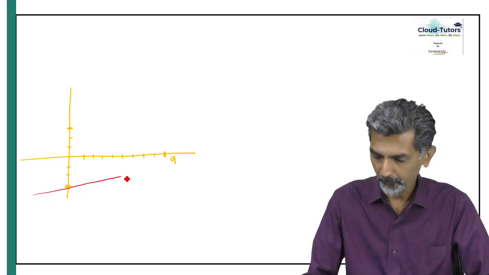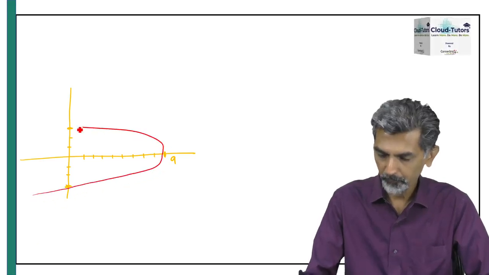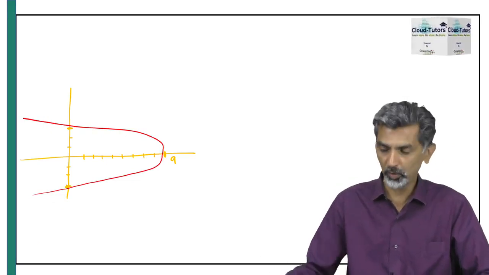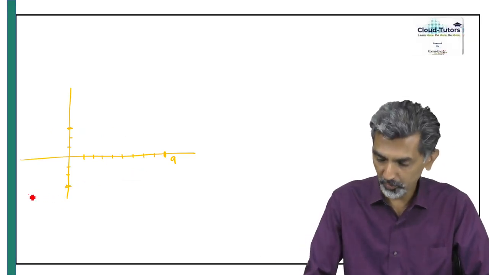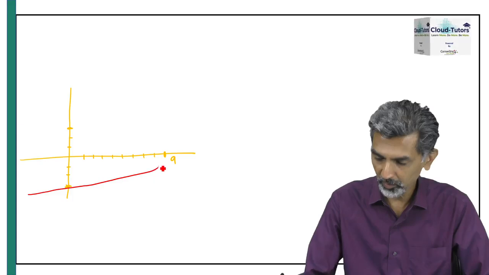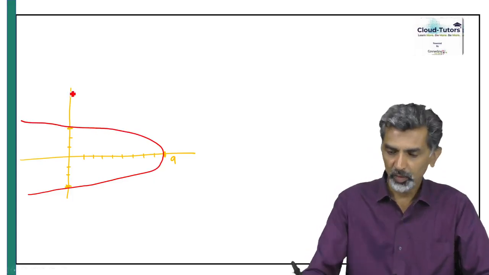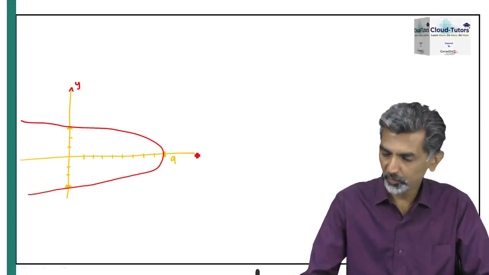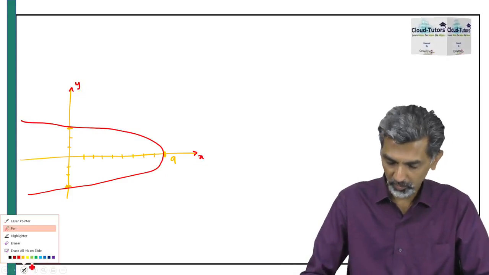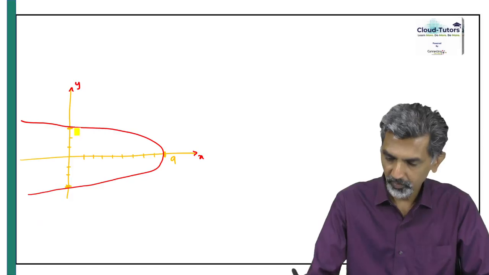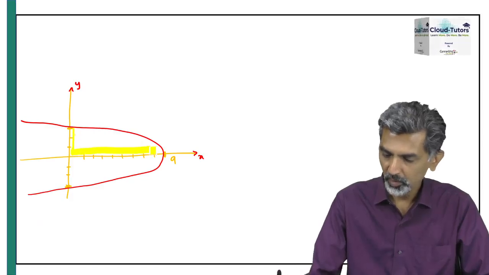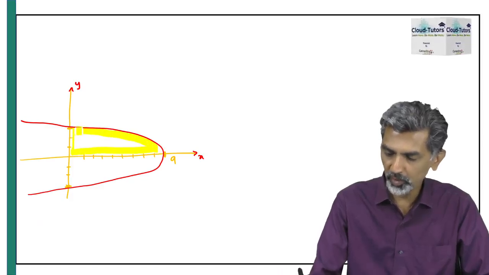So let me try to draw that. Like I said, this can only be a rough sketch. Let me see if I can do a better job second time. Not much better. So that's it. So now this is, of course, the y-axis, the x-axis, and so on. So we are talking about this region. That has not changed. But how else could we have approached the same problem? That's what I'm going to discuss.